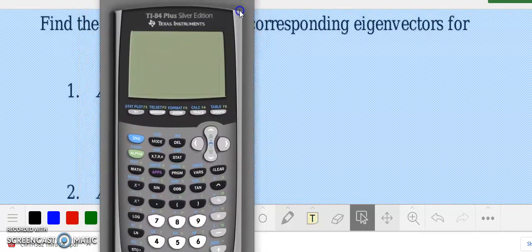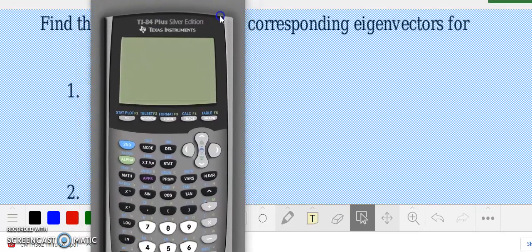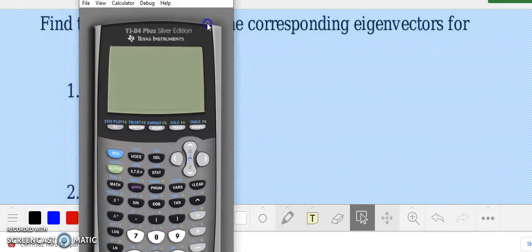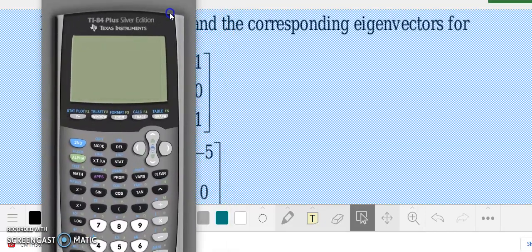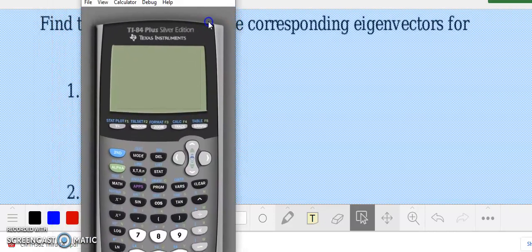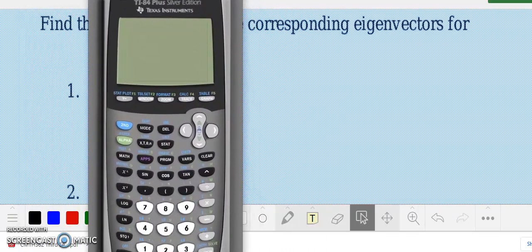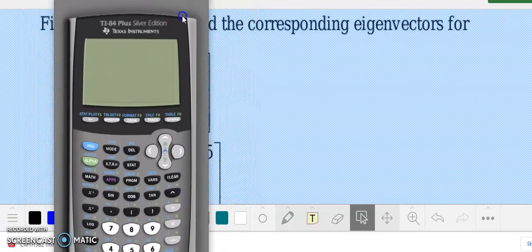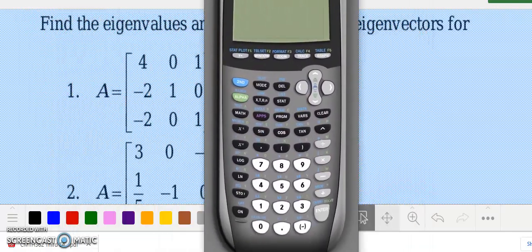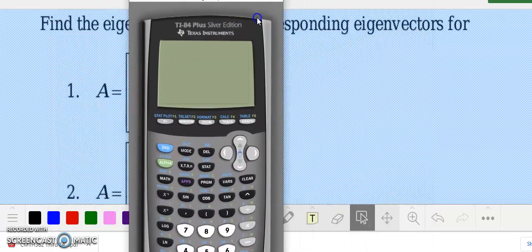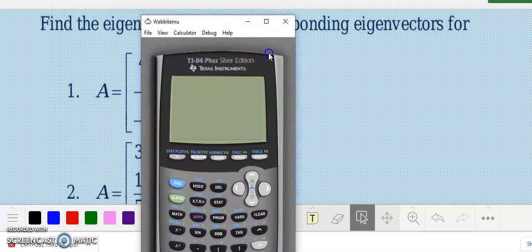That's why in most institutions, this calculator won't be allowed in the examination hall. Of course, this calculator contains a lot of things if you know how to use it. So I will show you how you can manipulate the functions and make them work to your advantage using this TI-84 Plus Silver Edition calculator.